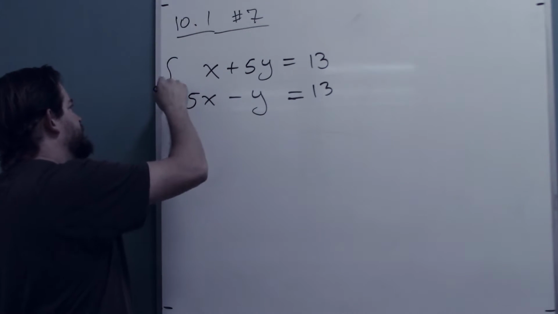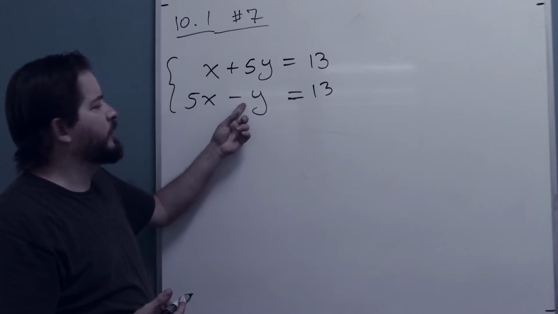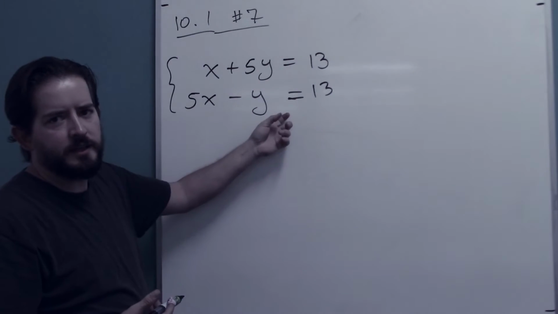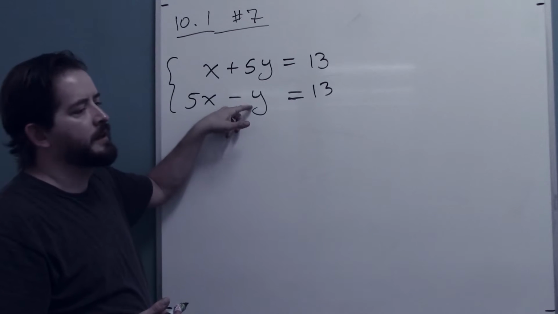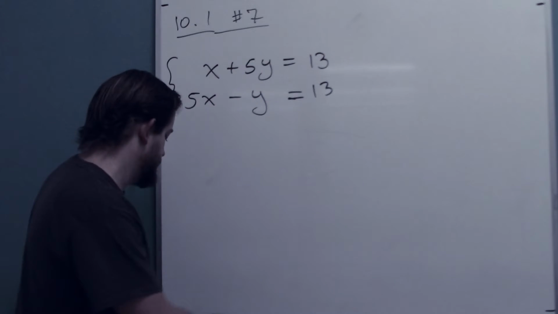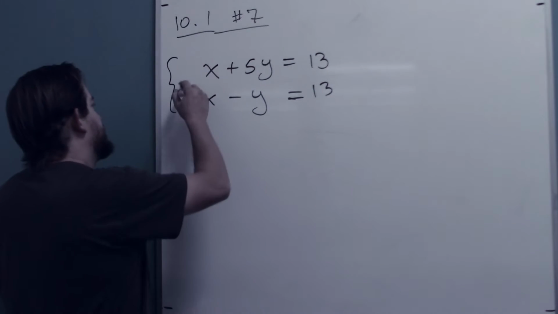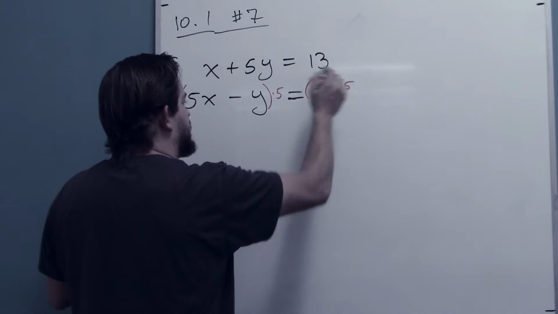So this is our system, and what I would do is try to match up the coefficients on my y's because it's easy to just multiply the bottom equation by 5, left and right hand side, to get a minus 5y, so that I could combine it with the top equation to eliminate those. That's what I'll do, I'll just multiply the left by 5 and the right by 5 on that bottom equation.